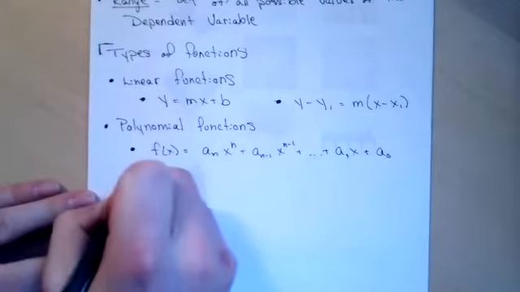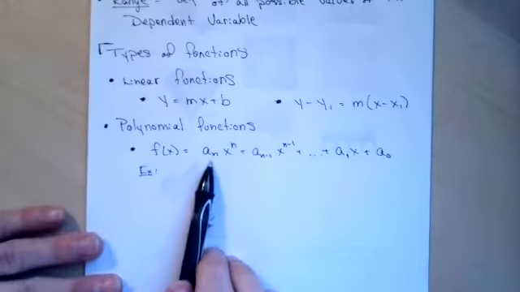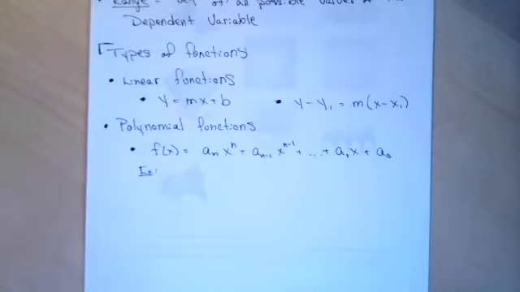So n is going to be an integer in this case. The a sub n's are just going to be constants, so they're just going to be any real numbers.